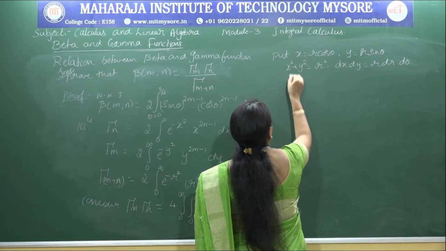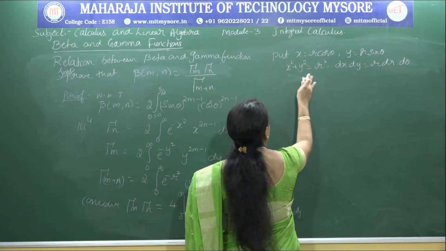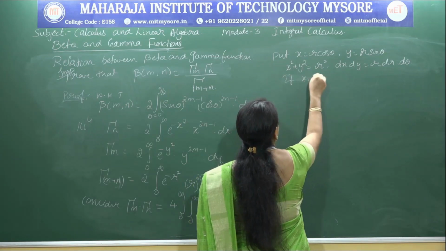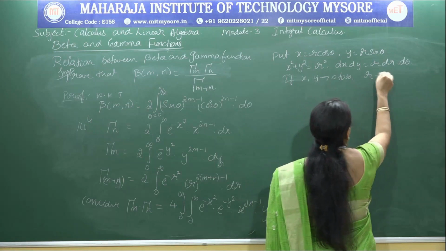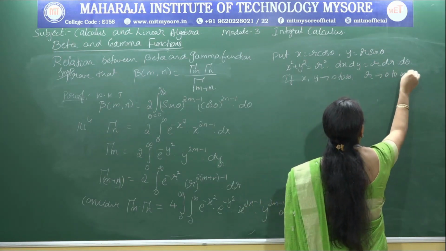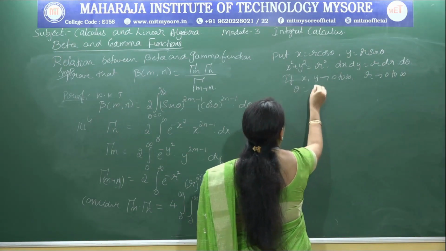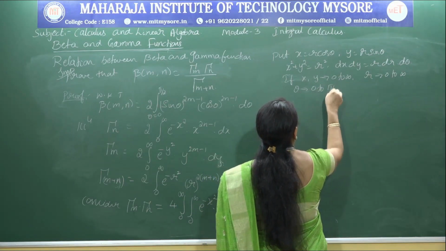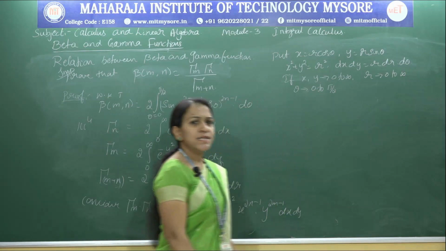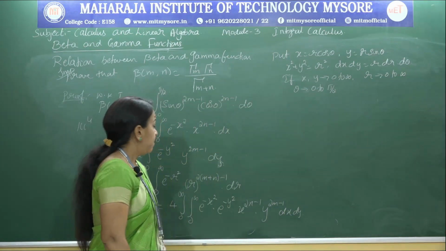And if x comma y varies from 0 to infinity, we know that r varies from 0 to infinity, and theta limit is 0 to pi by 2. Just substitute the values, right?